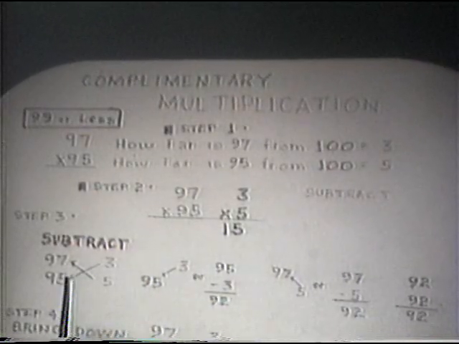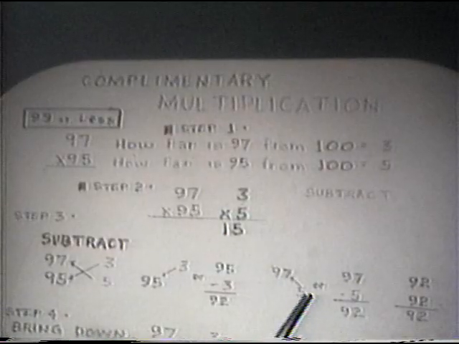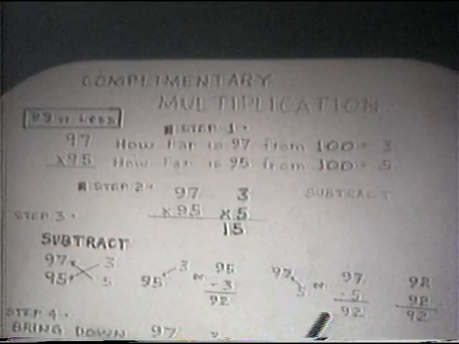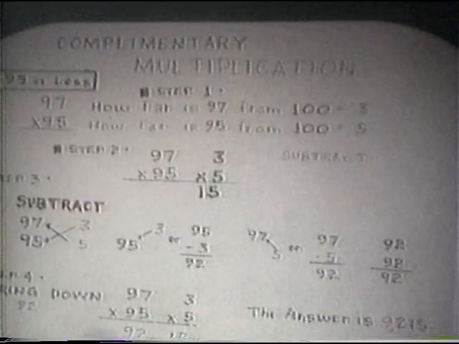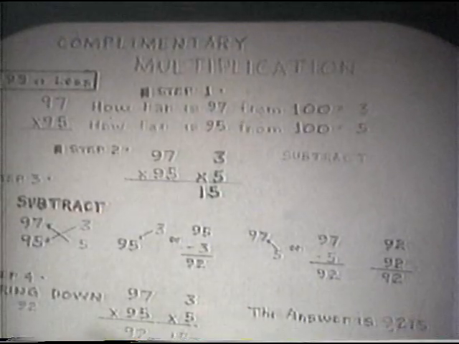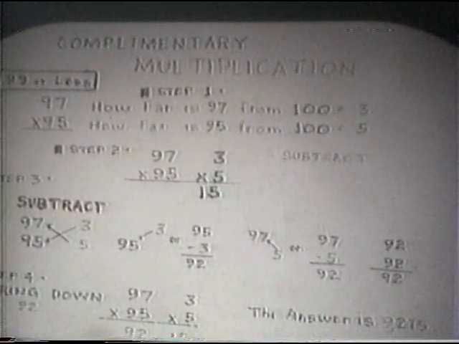Now we're going 5 from 97. 5 from 97 gives you 92. See? We have 92 and 92, so that gives us the 92.